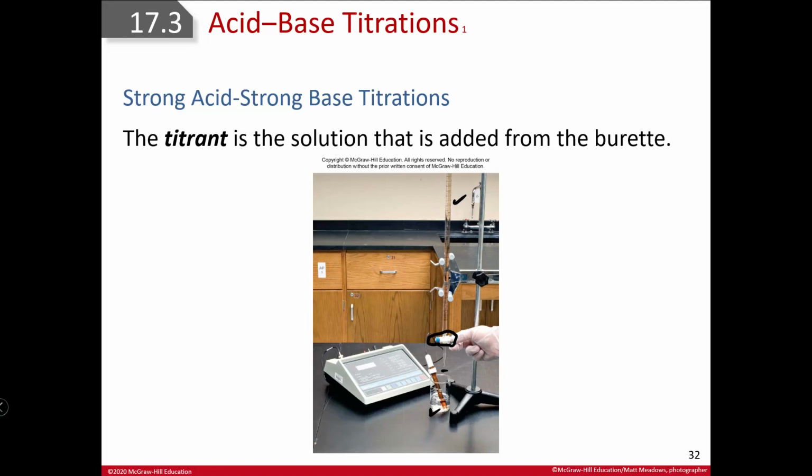Here's your reaction vessel. And there are two ways to determine the extent of the reaction. One is what they have here, a pH meter, and we'll be recording the change in pH as we add the titrant into the sample. The other thing we can do, which is probably better for just one or two titrations, is to use a pH indicator.